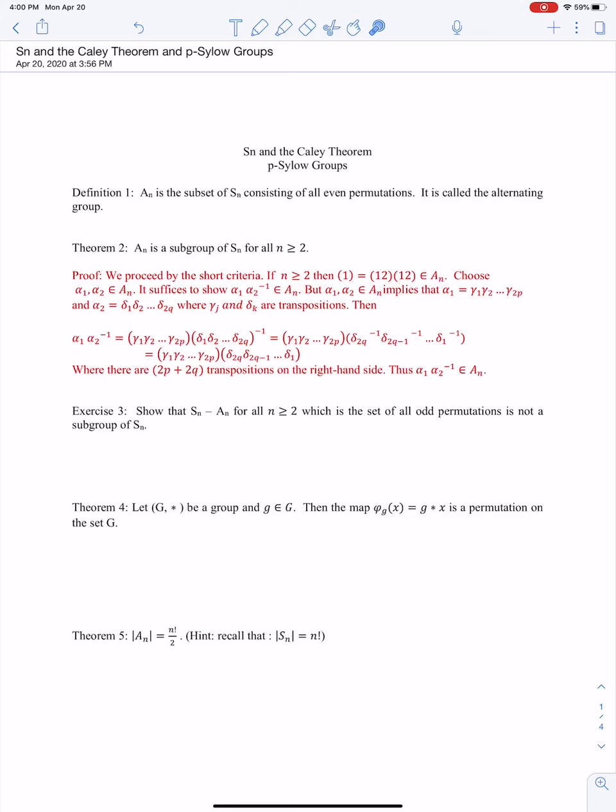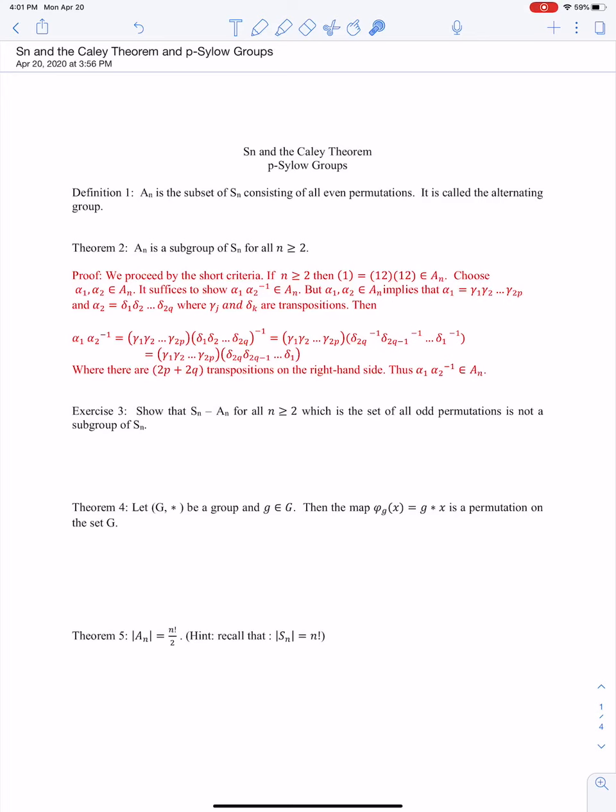Finally, I take two things in An, alpha 1 and alpha 2. I need to show alpha 1 times the inverse of alpha 2 happens to be in An. For alpha 1 and alpha 2 to be in An, that means I can write alpha 1 as what? A product of an even number of transpositions.